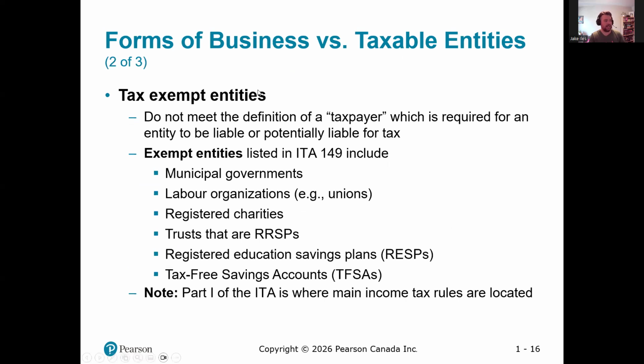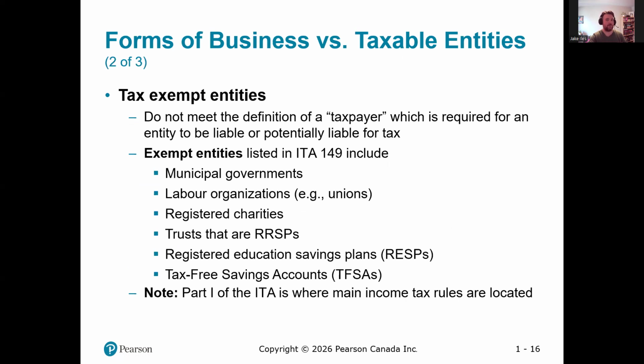Along with these three entities, there's also tax exempt entities. So these are municipal governments, labor organizations, registered charities, and certain trusts and education plans. The point of these entities is many of them are not for profit. They're not created for the purpose of making money.